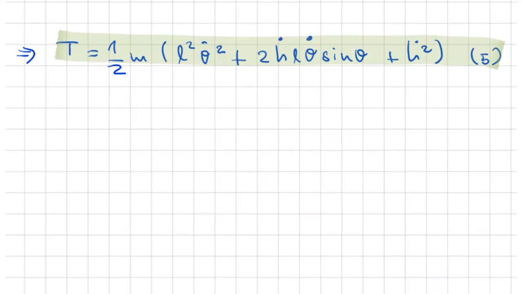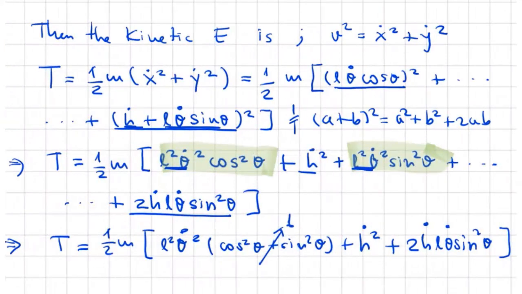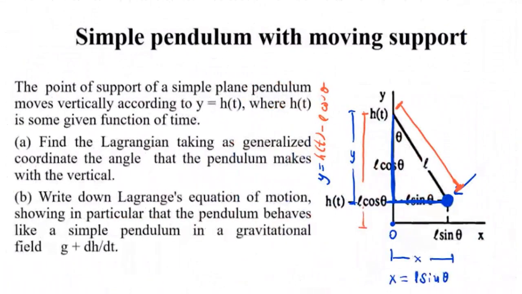Okay, let's write down the potential energy, V. Okay, let's go to the illustration and see what the potential energy is. I will erase this. We have our coordinate y as h minus L cosine of theta, right?